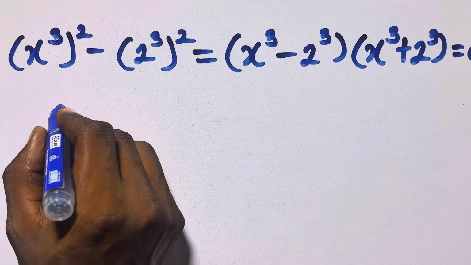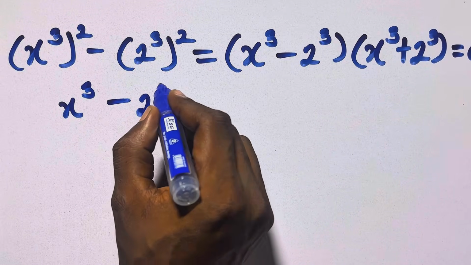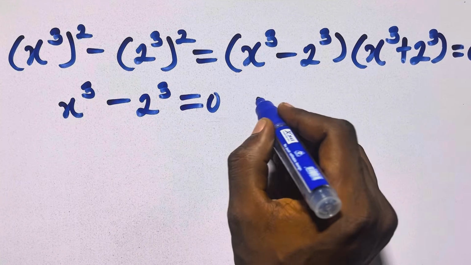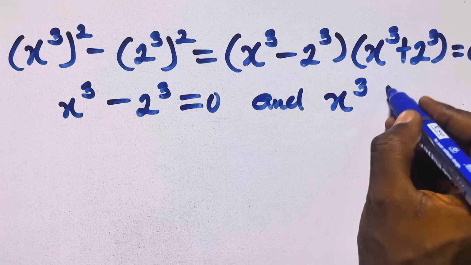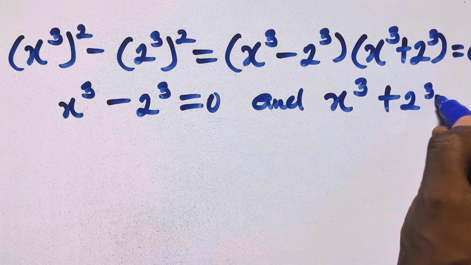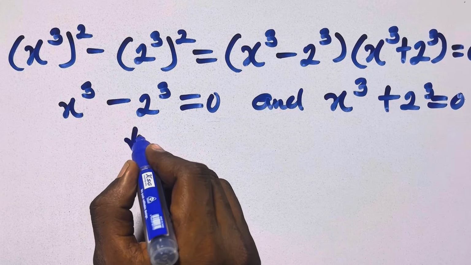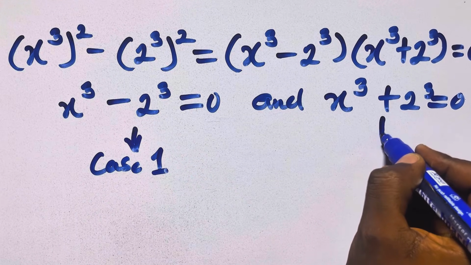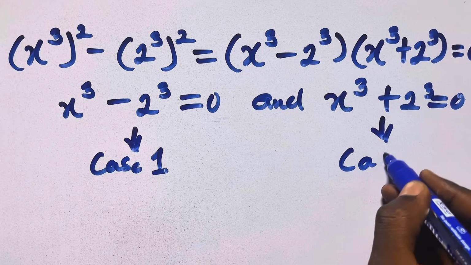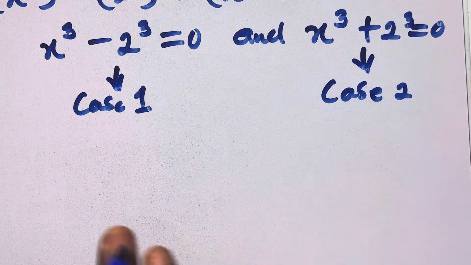So we have x raised to the power 3 minus 2 raised to the power 3 equals 0, and for the other one, x raised to the power 3 plus 2 raised to the power 3 equals 0. This is our case 1, and this is our case 2. Alright, let's move further.